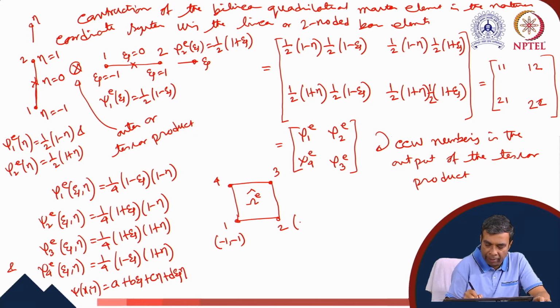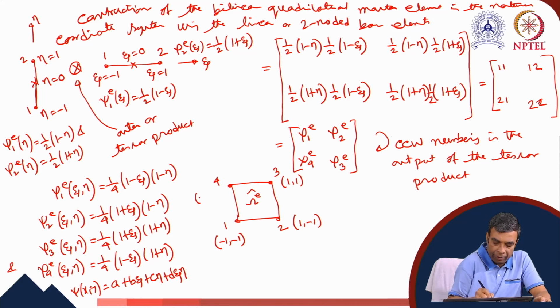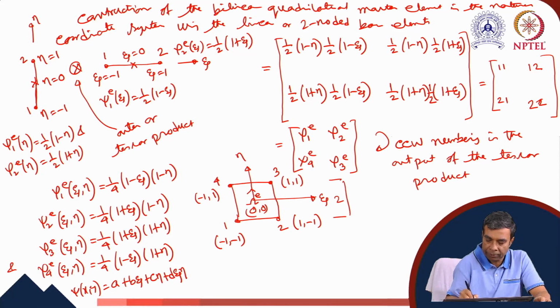Here xi is 1, eta is -1. Here xi is 1, eta is 1. Here xi is -1 and eta is 1. So this is the origin of the natural coordinate system. This is 0 0. So this is the xi axis, this is the eta axis. So this dimension is 2 units and this dimension is also 2 units.